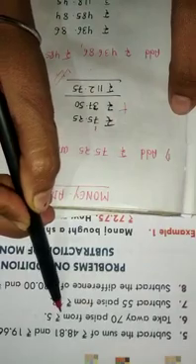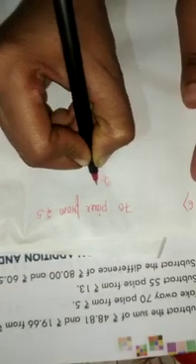So what will we have to do? We have to convert rupees 5 into paise. Rupees 5 means how many paise, children? 500 paise. We know this, rupee 5 means 500 paise. So it is clear, this is also in paise, this is also in paise.